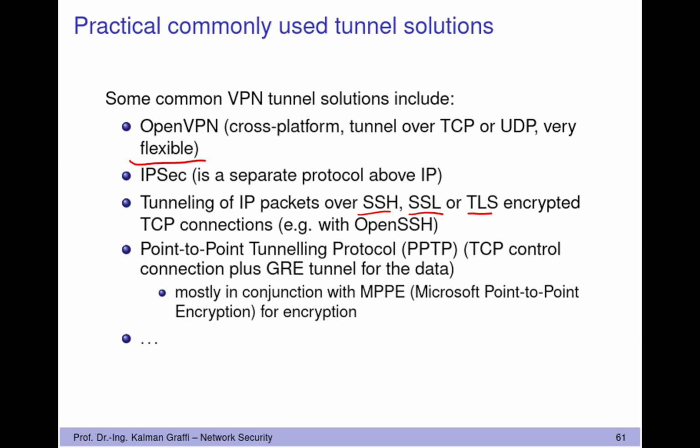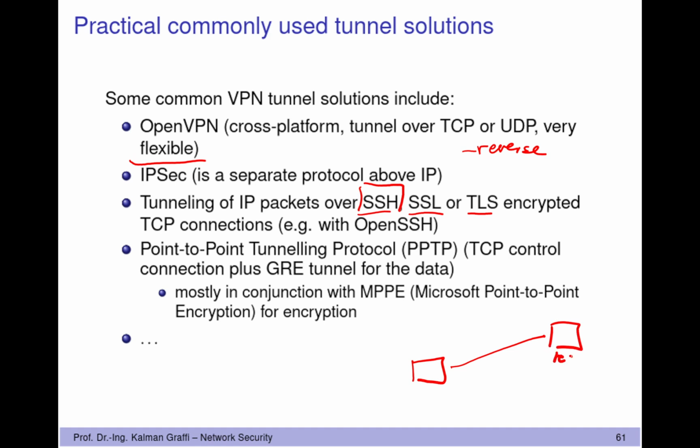Sometimes what you can also do, especially with SSH, is create a secure shell. Typically this is used to log into another machine and type in some commands in the Linux shell. But what you can also do is create a reverse connection where you basically say, this is my machine and I connect to a specific other host.